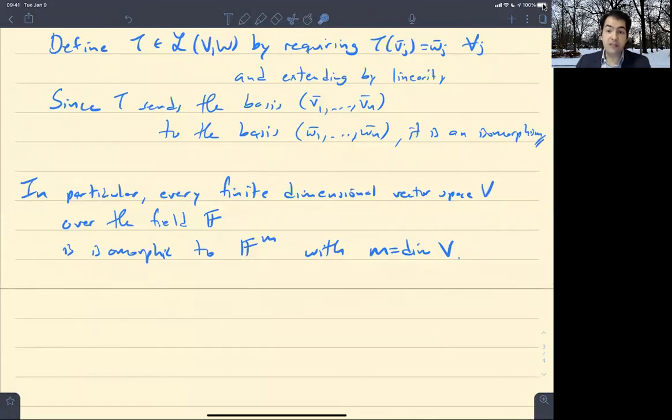In fact, we'll see that different bases give us different isomorphisms with Fm. So you can think of a choice of bases as giving you coordinates on your vector space. And those coordinates make it look like Fm. But if you were to pick a different basis, you're changing the coordinates. So you have the same vector space, but you have different identifications with Fm. Okay, we'll spend a lot of time thinking about that.